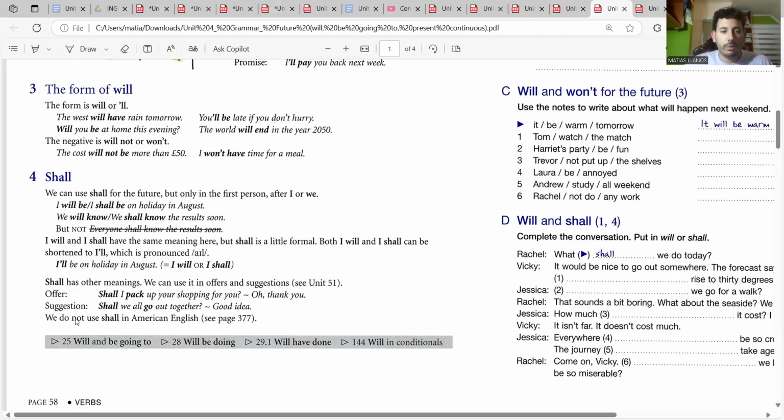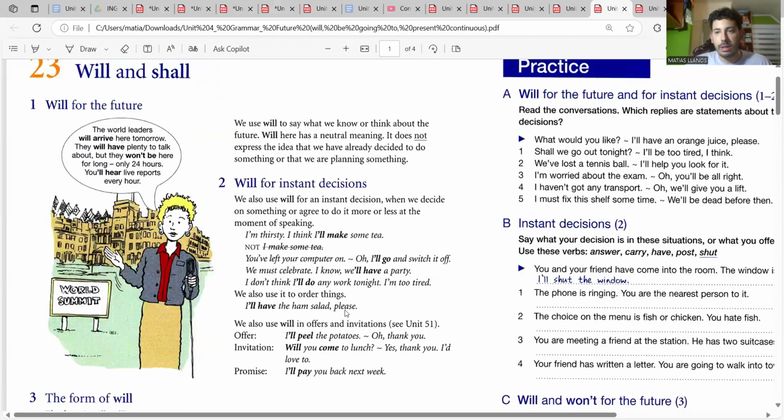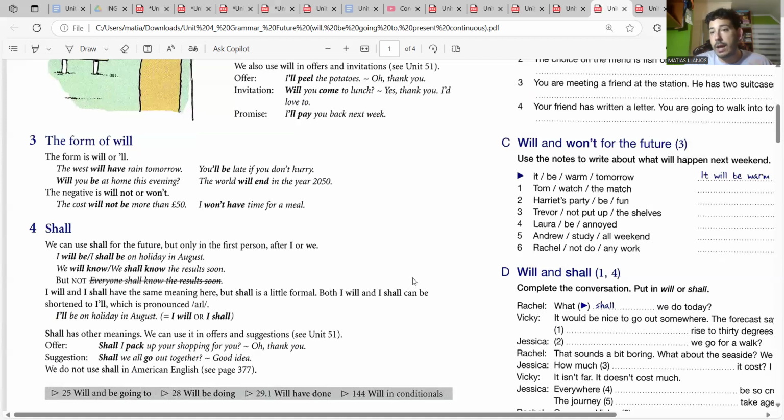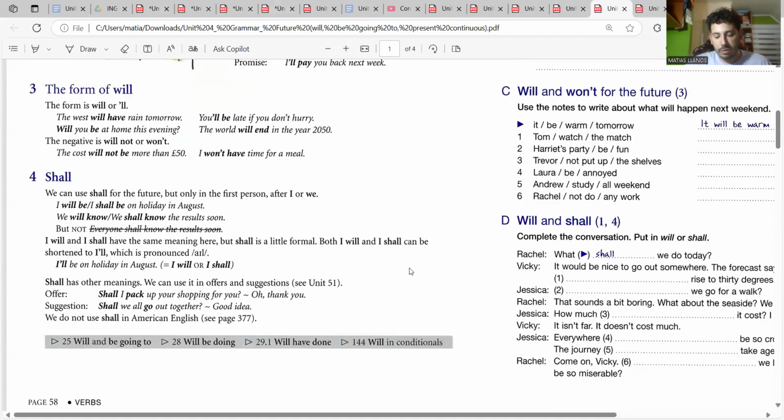We do not use shall in American English. That's why I'm talking to you about that. We don't use it that much, or I don't use it that much, because to be honest, I use more American than UK English. It's not that I like or don't like it.